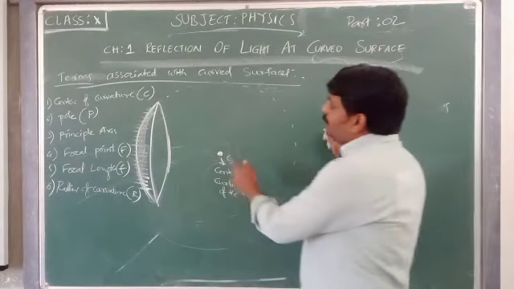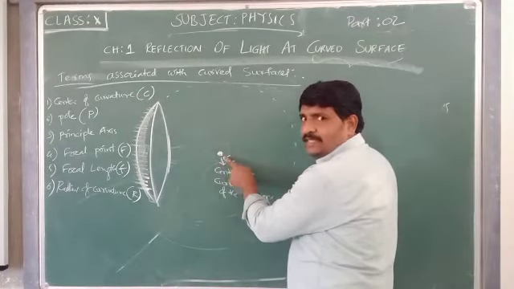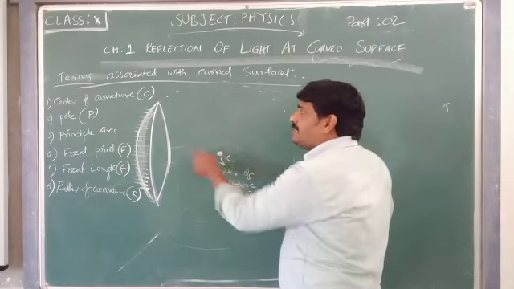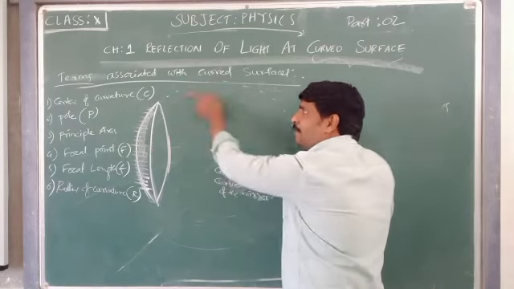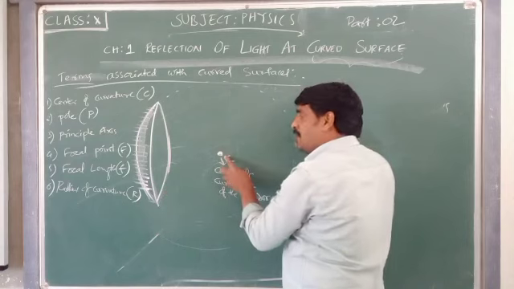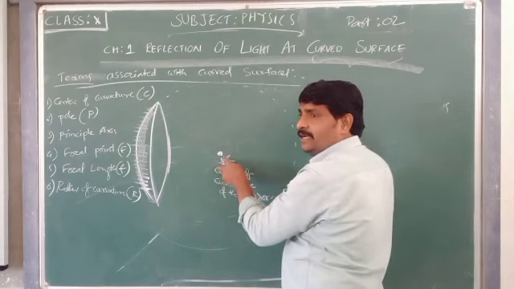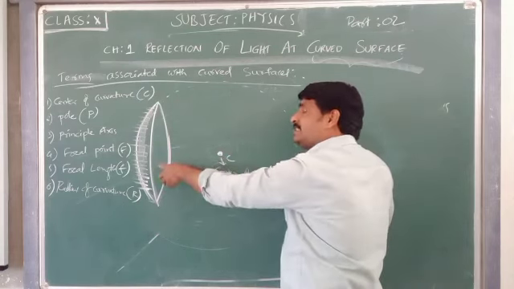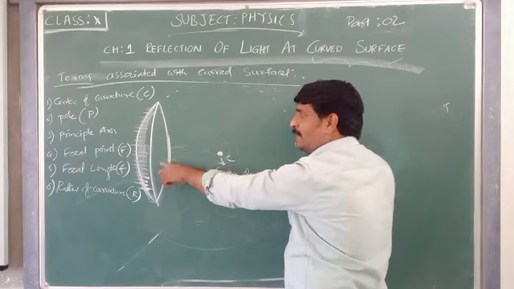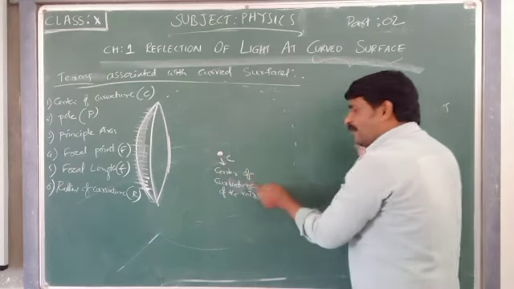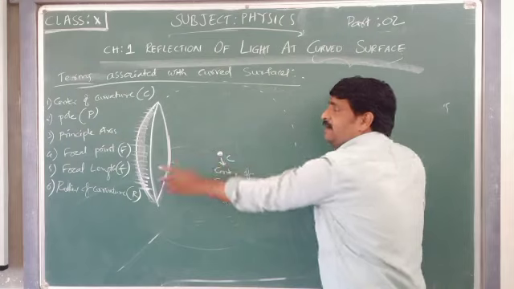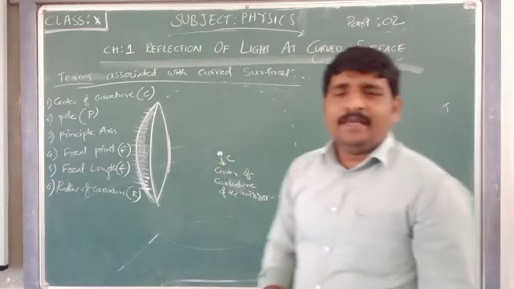Okay. So among that, first we discussed the meaning of center of curvature. As the curved surface is obtained from a sphere, the geometrical center of that sphere from which the curved surface is obtained is going to act as a center of curvature. Fine. Next is pole. What is meant by pole?